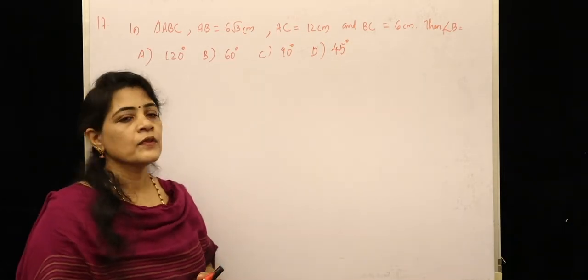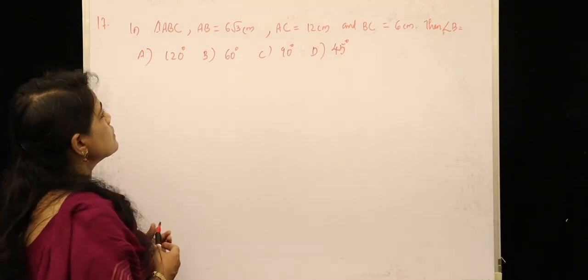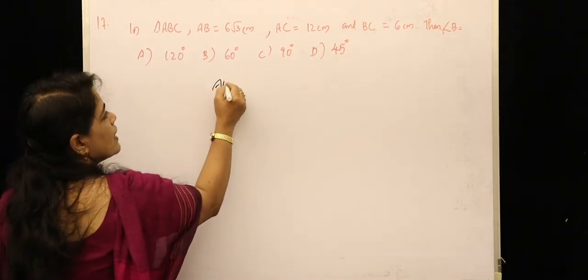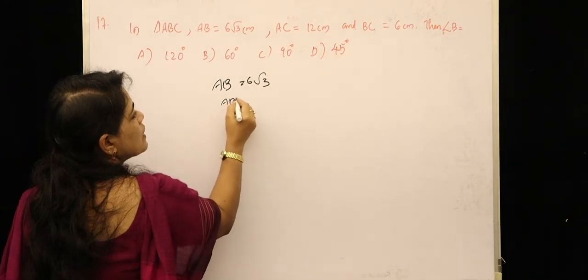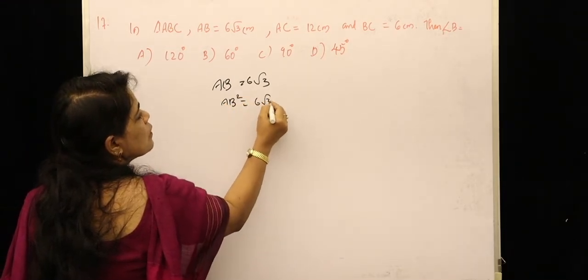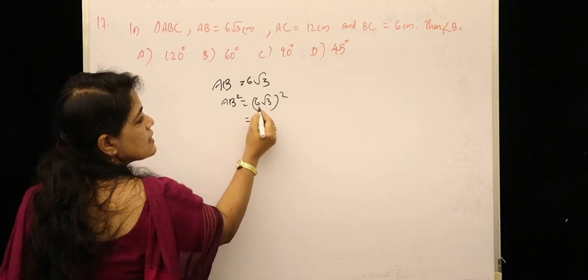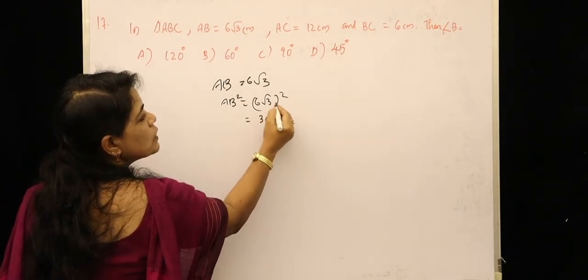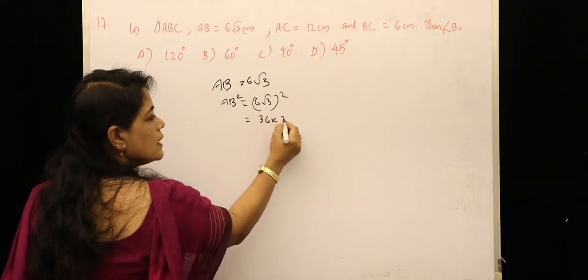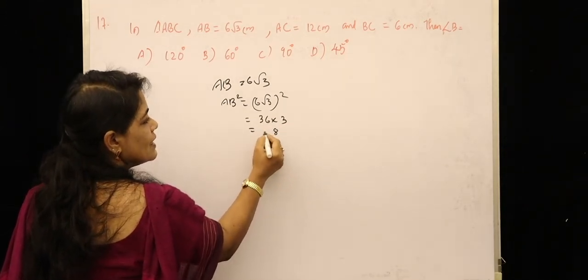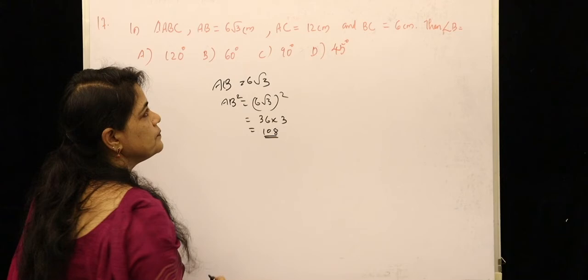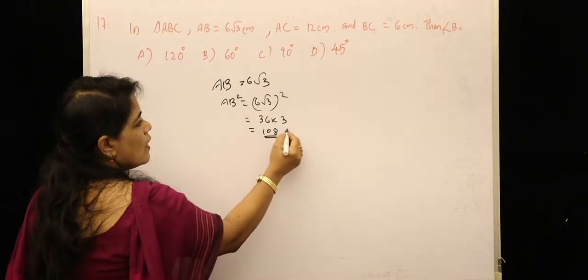Let us check. See, in this question, AB is given as 6 root 3. So its square, AB square equal to 6 root 3 whole square. That is 6 square is 36 and root 3 square is 3, which means 36 into 3, that is 108 centimeter square.